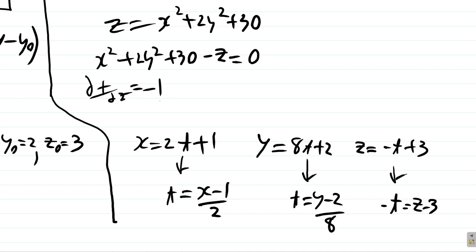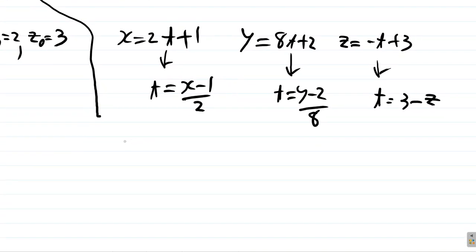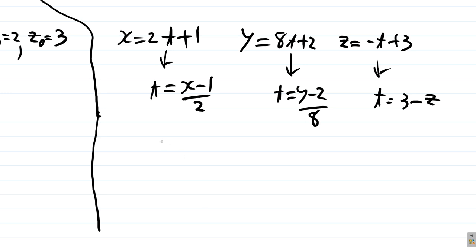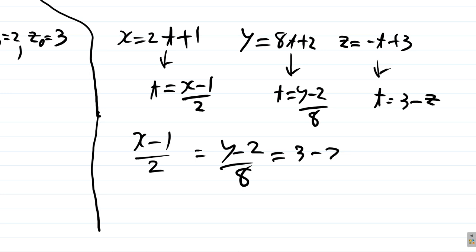But if you multiply both sides by negative 1, you're going to get a positive t, and you have 3 minus z. Now, t is equal to t, alright? And t is this, t is this, t is this. So that means all of these are equal. So you can write it as x minus 1 over 2 is equal to y minus 2 over 8 is equal to 3 minus z.